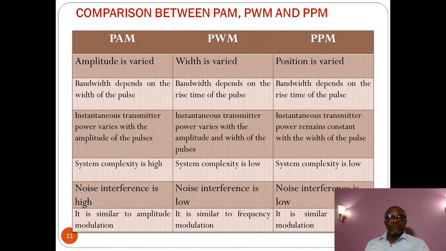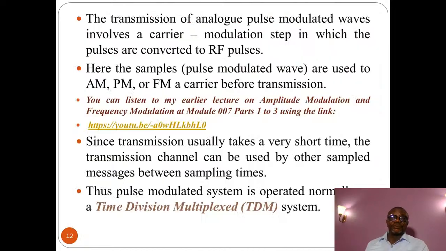So PAM is similar to amplitude modulation, which we had already treated in some of our previous lectures, while the PWM is similar to frequency modulation, and the PPM is similar to phase modulation.